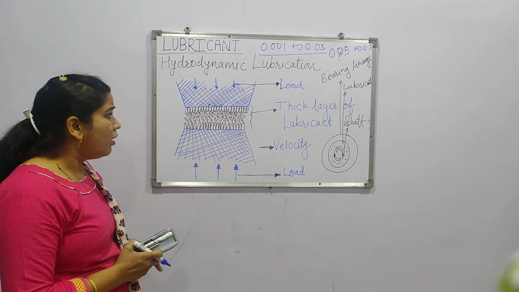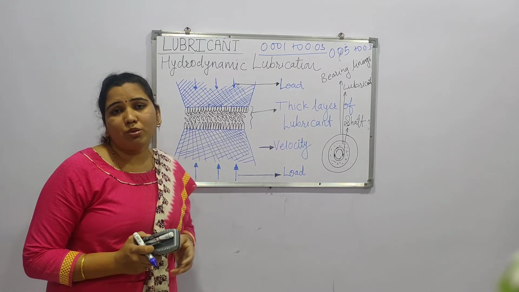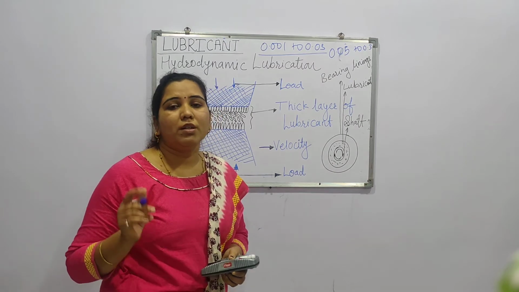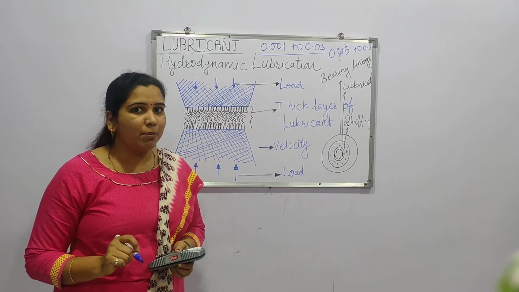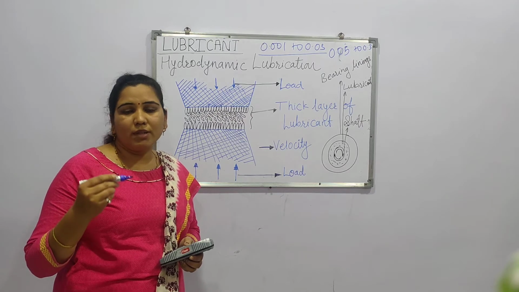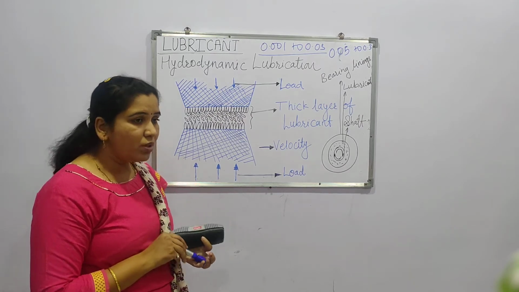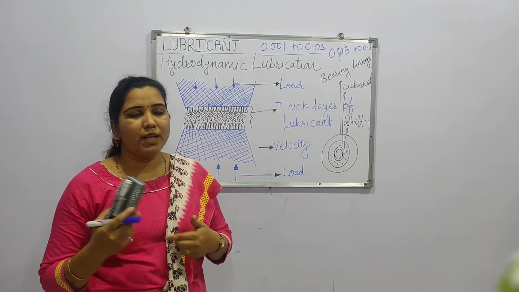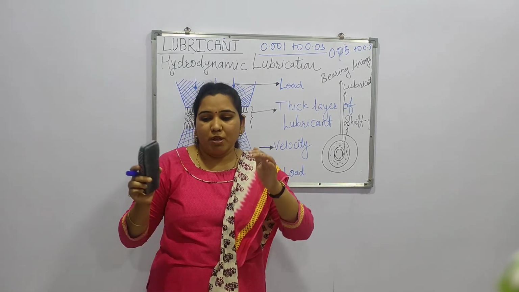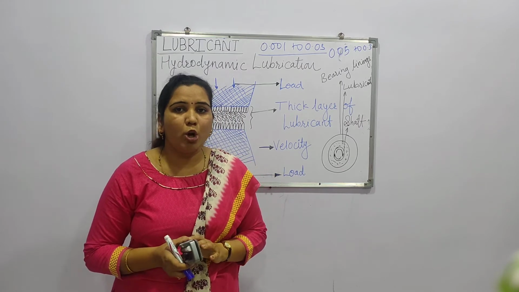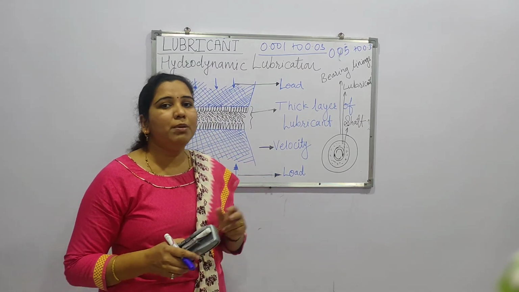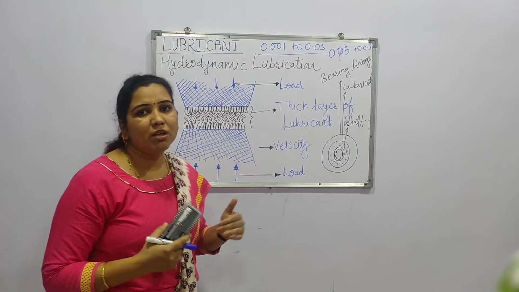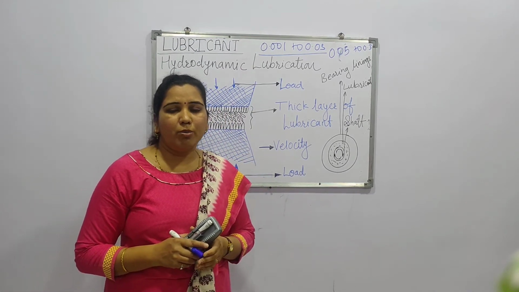Generally, the oils used for thick film lubrication are made from hydrocarbons, because hydrocarbons are high molecular weight compounds. Hydrocarbon oils are sometimes blended with high polymers or long chain polymers so that there will be more viscosity to carry out the proper functioning and mechanism of this lubrication.